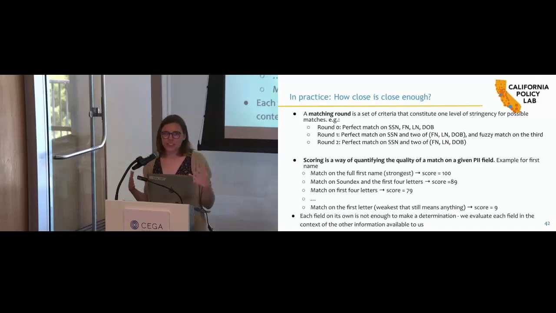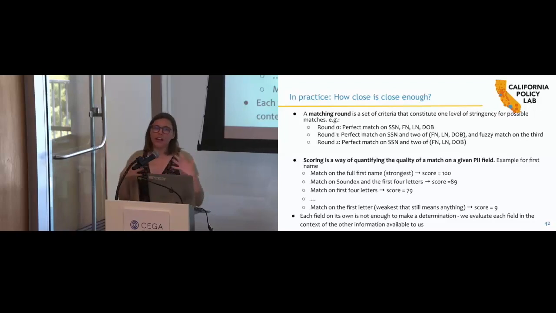Each field on its own is not enough to make a determination. We have to evaluate the information in the context of the other information available to us. So a match on date of birth alone isn't going to tell us much, but if we match on date of birth as well as Social Security, that is a much stronger indication that this might be the same person.